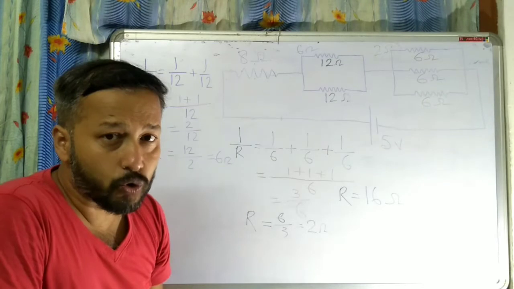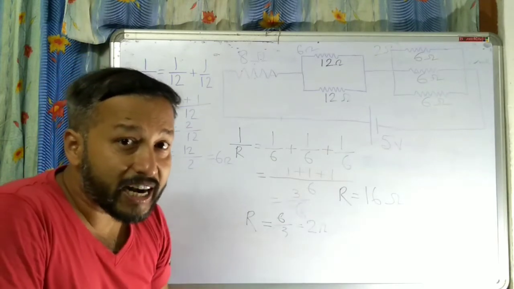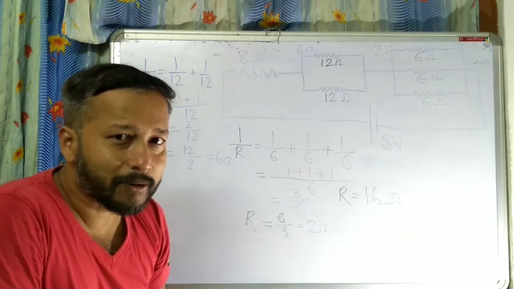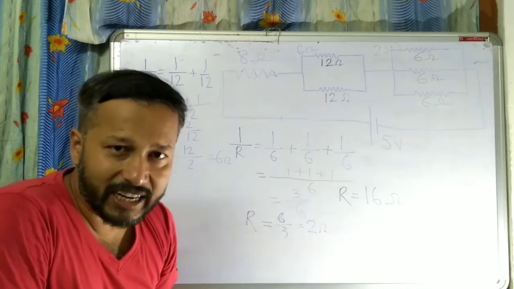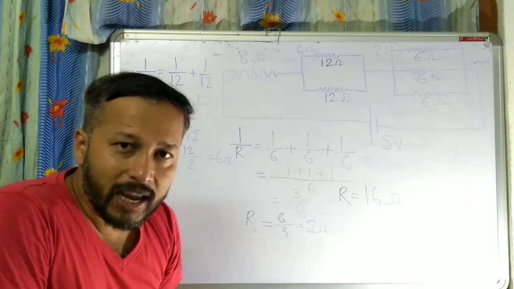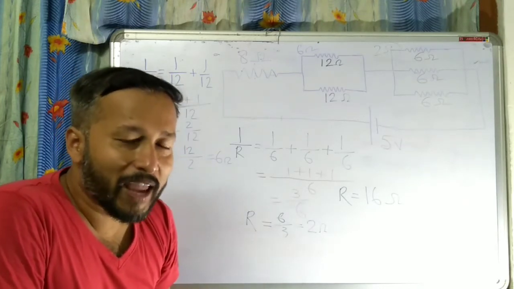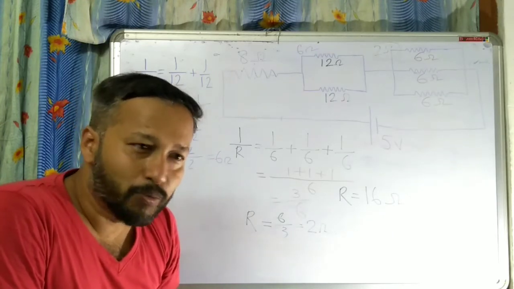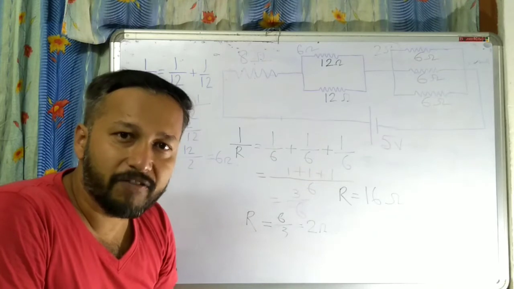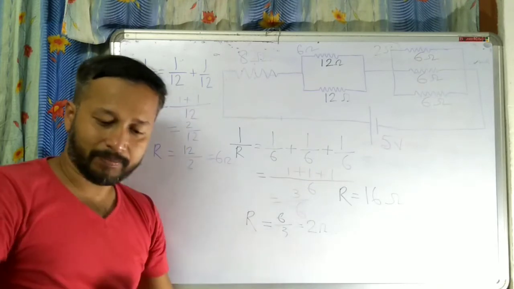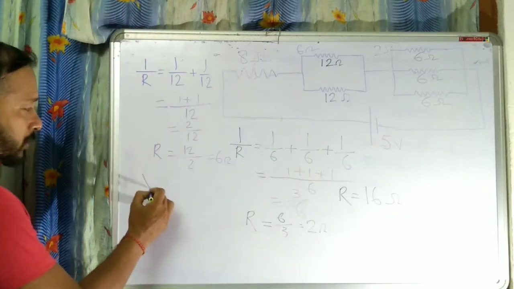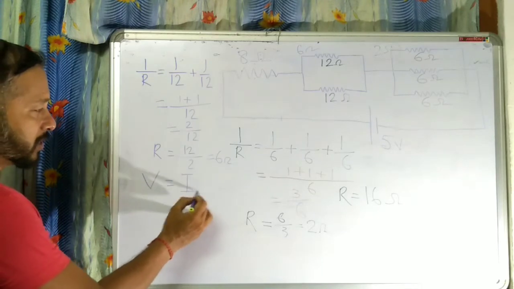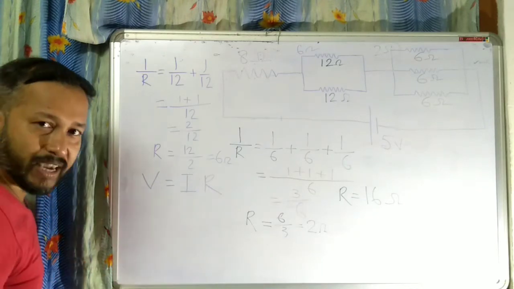Now if I ask you the amount of current passing through this circuit, to find current, again we'll use Ohm's law. According to Ohm's law, V equal to IR. Let us put all these values there. What is V?